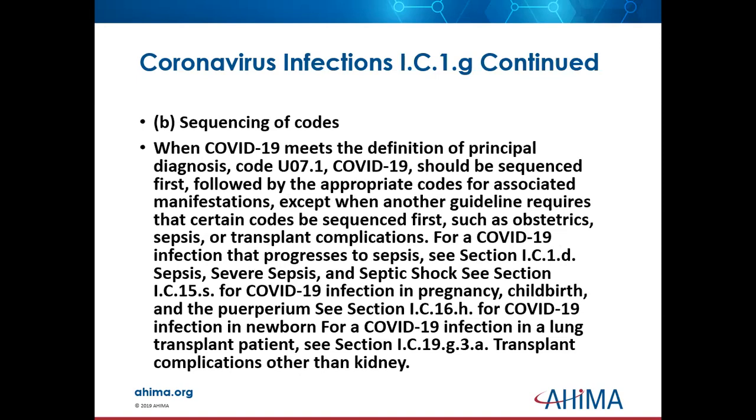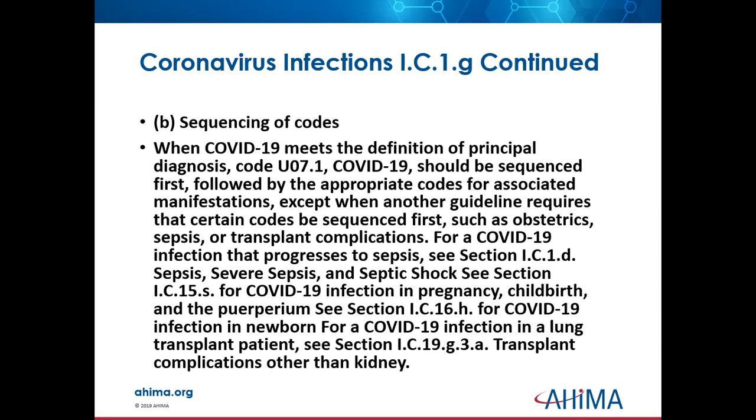In terms of the sequencing of codes, when COVID-19 meets the definition of a principal diagnosis, in other words, it's the reason for admission after study, then the U07.1 COVID-19 would come first, followed by any other codes for any manifestations, except when another guideline requires that conditions are sequenced first, such as in OB, sepsis, or transplant complications.